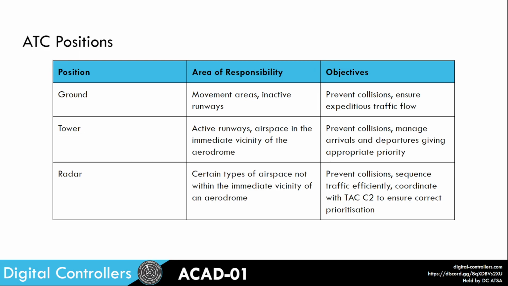Their role is then still to prevent collisions, this time in the air rather than on the ground or in the border between ground and air, and to sequence traffic efficiently to make sure that aircraft all get to their destination as quickly as possible. In DCS, a radar controller would also coordinate with the tactical command and control organizations to ensure the correct prioritization and to support the mission in that way.